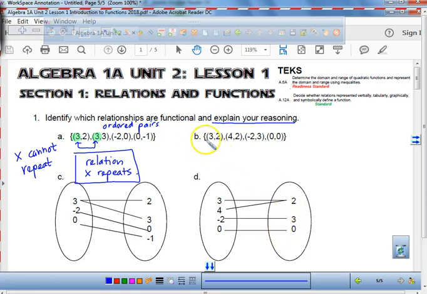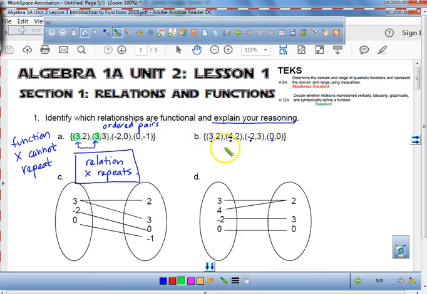Okay, now let's get over here. Let's look at our x values. Wait, you said relation, x repeats. In a function, x cannot repeat, so it can't be a function, it's just a relation. So why did I know this was just a relation and not a function? Because x was repeating. We're just worried about the inputs.